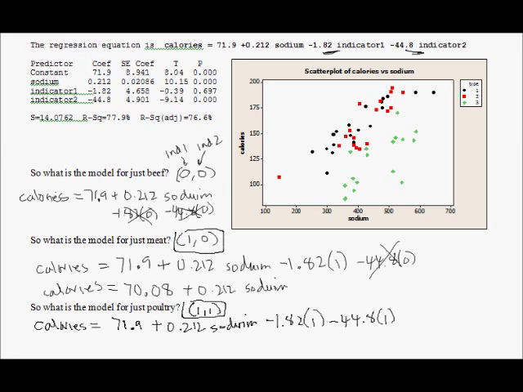So calories is 25.28 plus 0.212 times sodium.